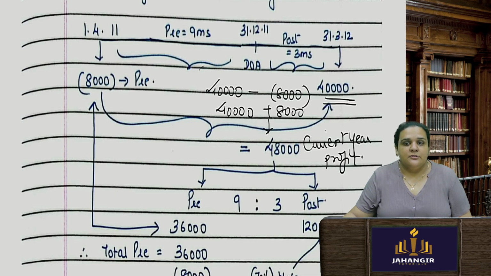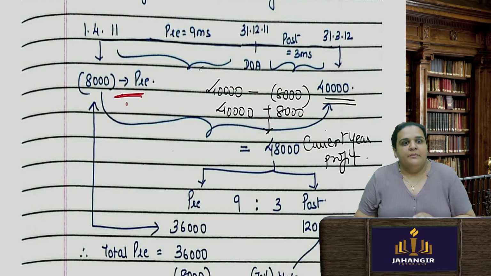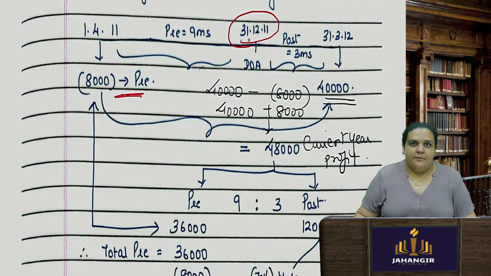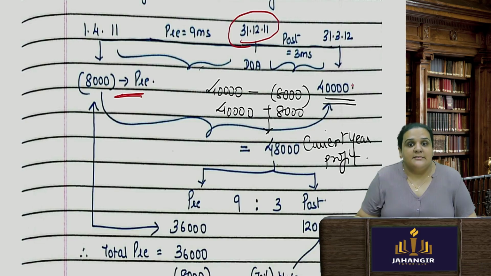Okay, now pay attention. Now this particular 8,000 which is pre, it is my loss. This 48,000 is my current year's profit, but my date of acquisition is falling on 31st of December. That means 9 months is pre and only 3 months will be post. It is not on the last date, no. I have not come on the first date also.